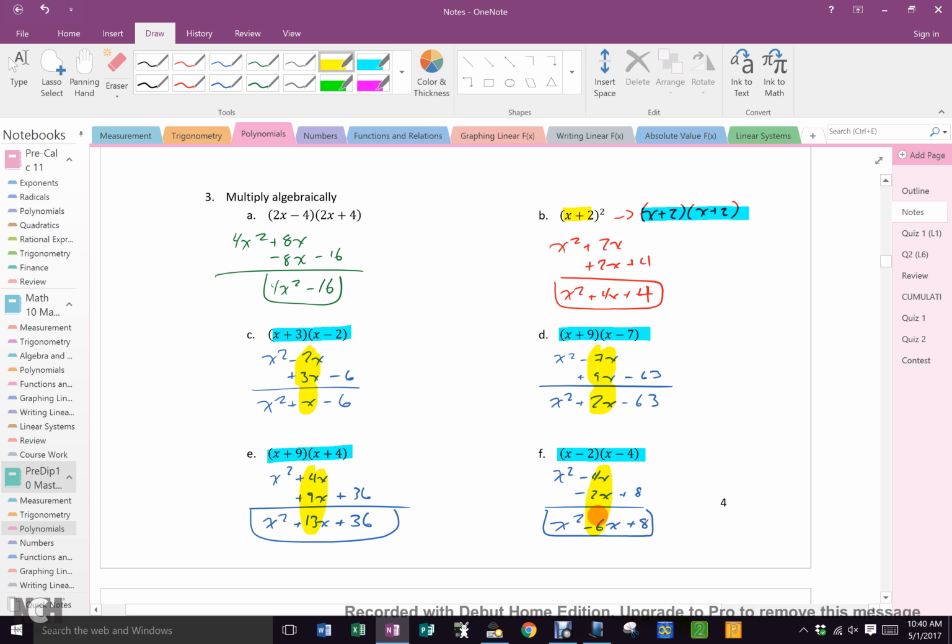What are you noticing? Those become the coefficient of the middle term, don't they? Everyone agree?